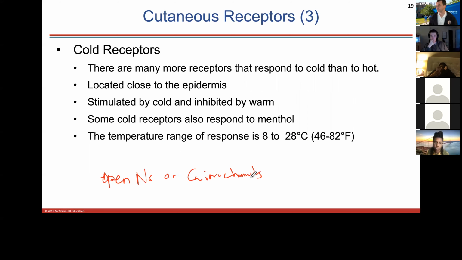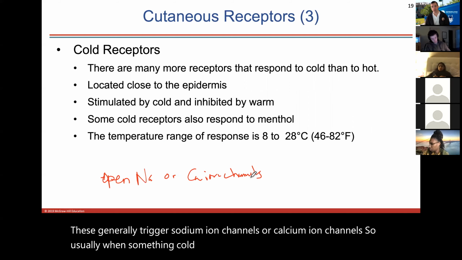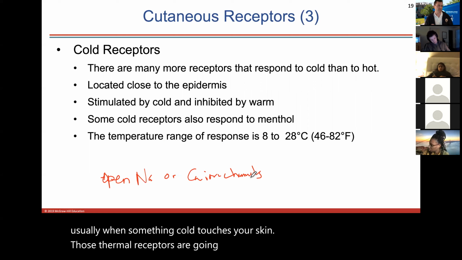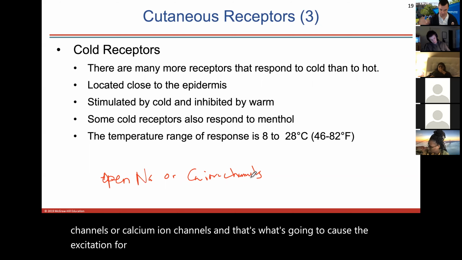These generally trigger sodium ion channels or calcium ion channels. So usually when something cold touches your skin, those thermoreceptors are going to respond to it by opening up sodium channels or calcium ion channels. And that's what's going to cause the excitation for these. I didn't write it on there, but there it is for you.